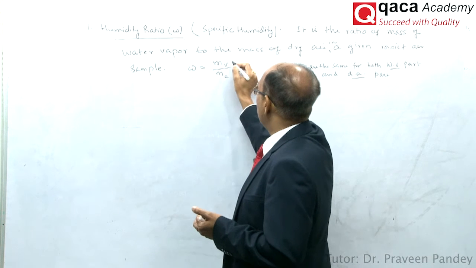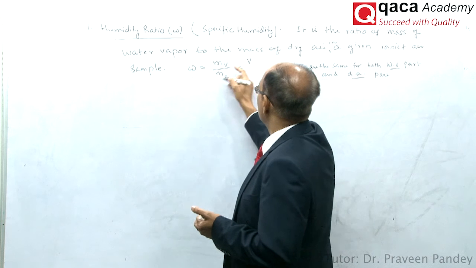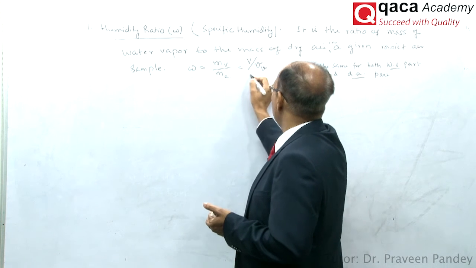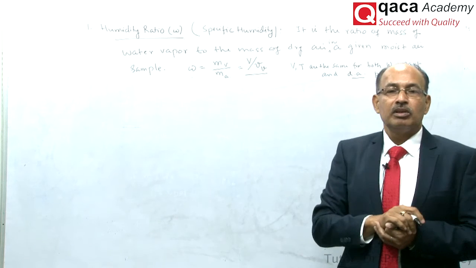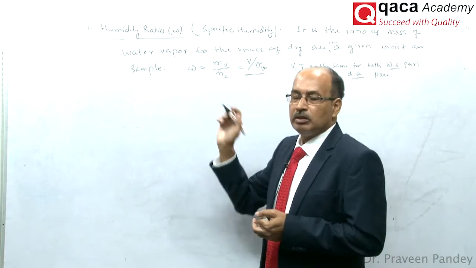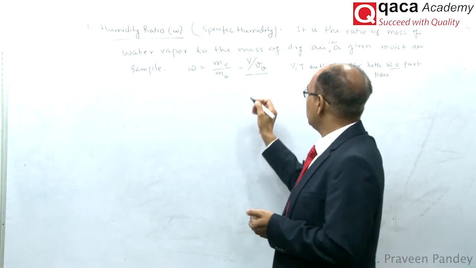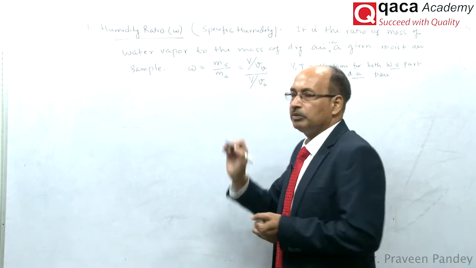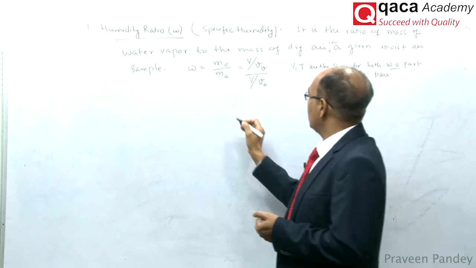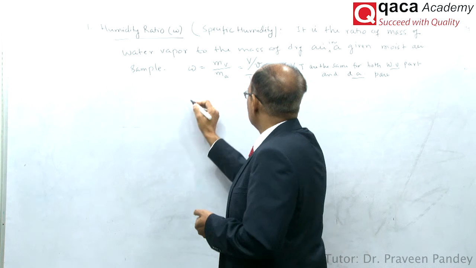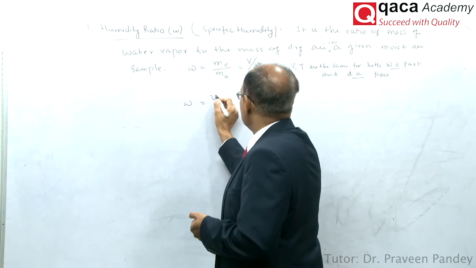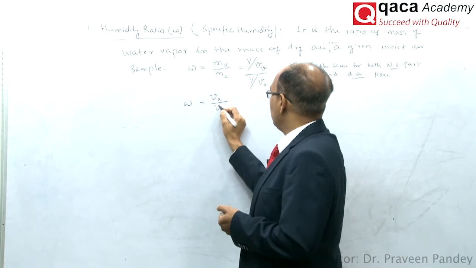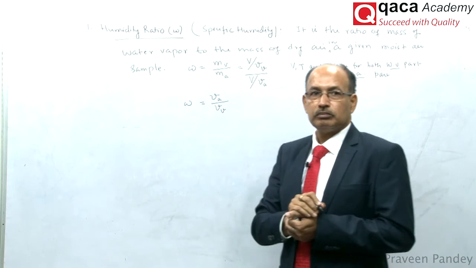So, this m_v can be written as total volume by specific volume of water vapor, and similarly mass of air can be written as total volume by specific volume of dry air. So, volume is the same. So, this omega can be written as the ratio of specific volume of dry air to the specific volume of water vapor.